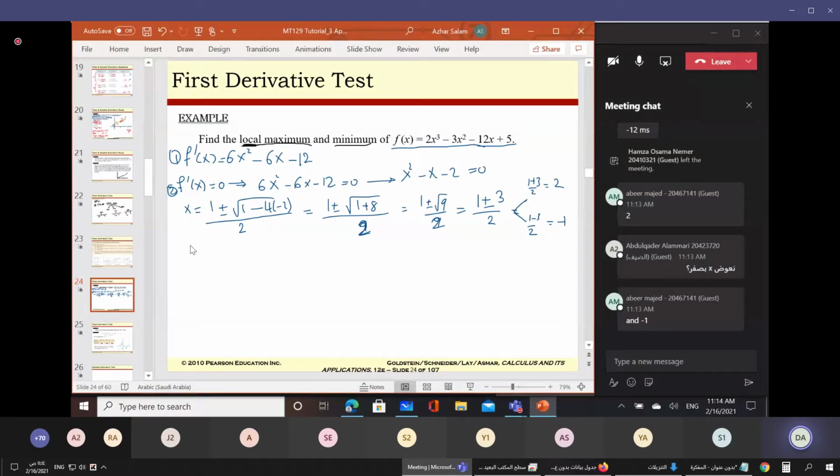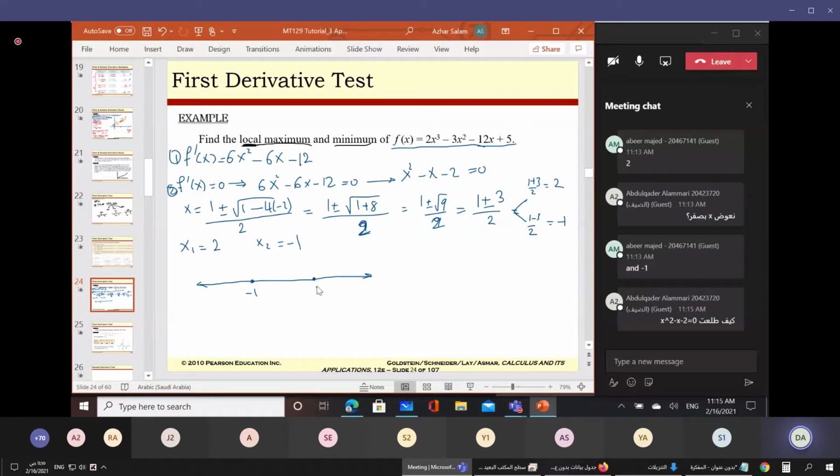So I have here two critical points, x1 equals 2 and x2 equals minus 1. How to find the maximum or minimum? As we said, we draw the number line and indicate these points. I begin with the smaller one, which is minus 1, then 2.